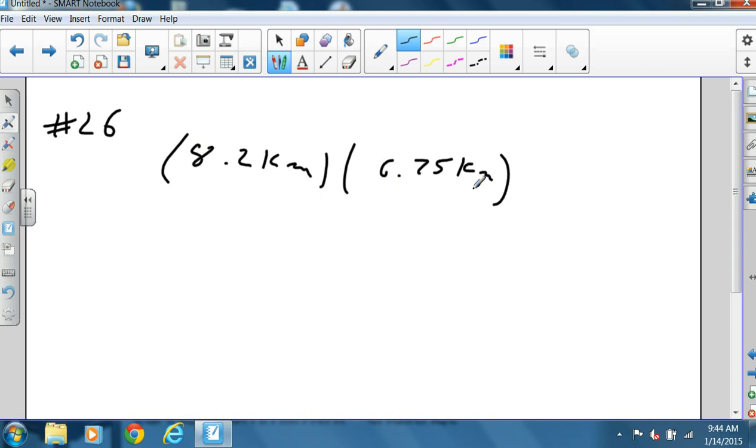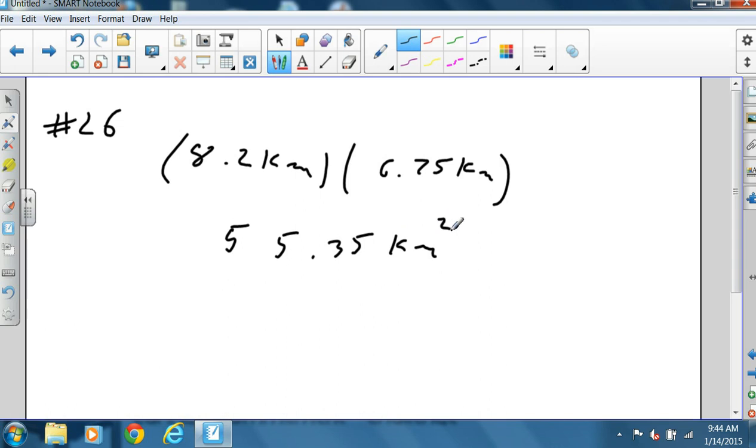8.2 times 6.75 equals. So we got 55.35 kilometers squared is what I have.